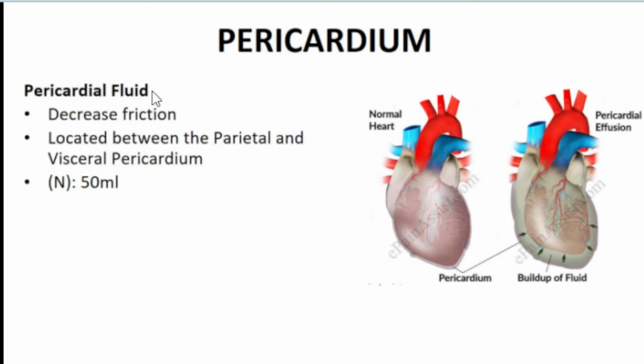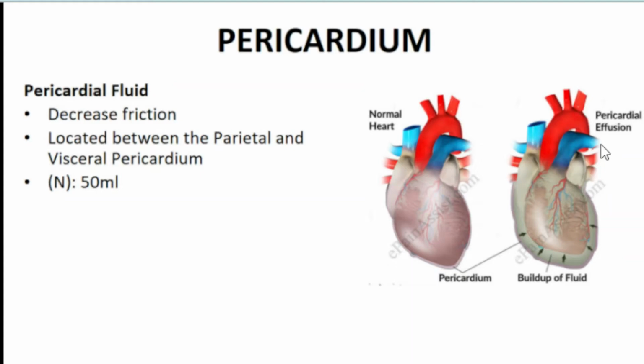Now, normally, there is only around 50 ml of pericardial fluid found inside the pericardial space. But there is a condition called pericardial effusion. And as the image shows us, pericardial effusion is the buildup of your pericardial fluid, meaning it has gone beyond 50 ml.